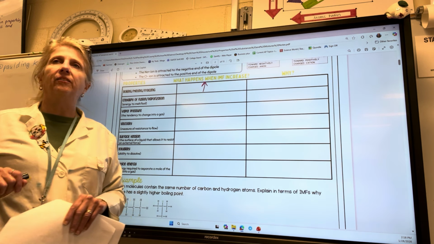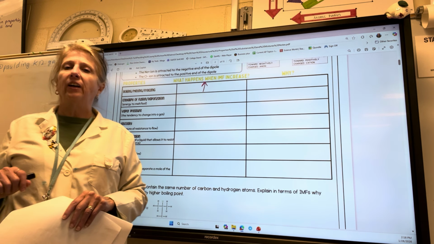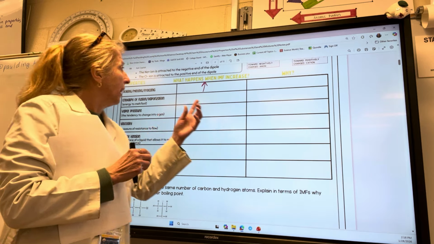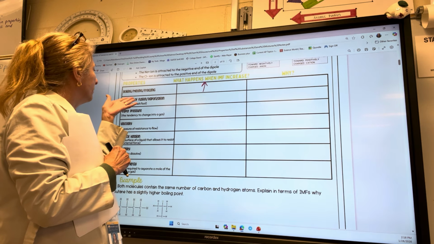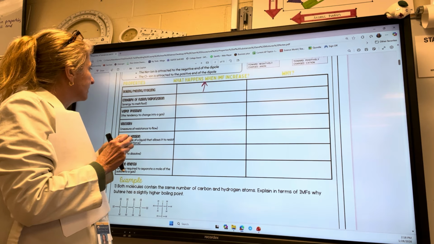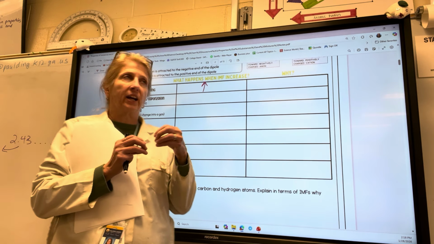So you can think of this like when molecules are stuck together really hard, they will resist change and they don't want to come apart. They don't want to boil, melt, or freeze. Well, at least boiling and melting, especially, is them coming apart when they're stuck together.